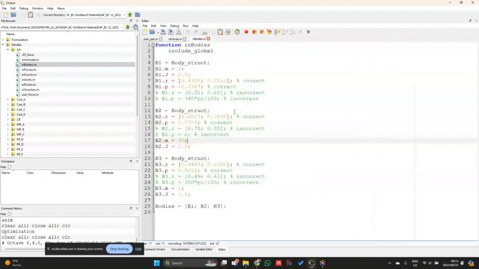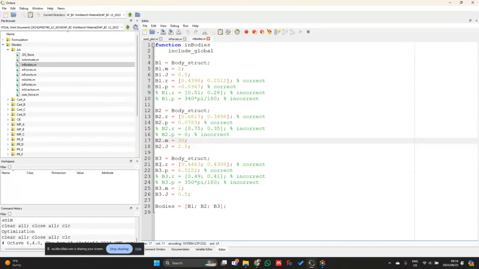If I open that one, you'll see we just specify the 3 bodies that are non-stationary, or moving. So we have body 1 with its mass, moment of inertia, and then its coordinates and its angle or starting orientation as well. The same is then done for body 2 and then body 3 as well.